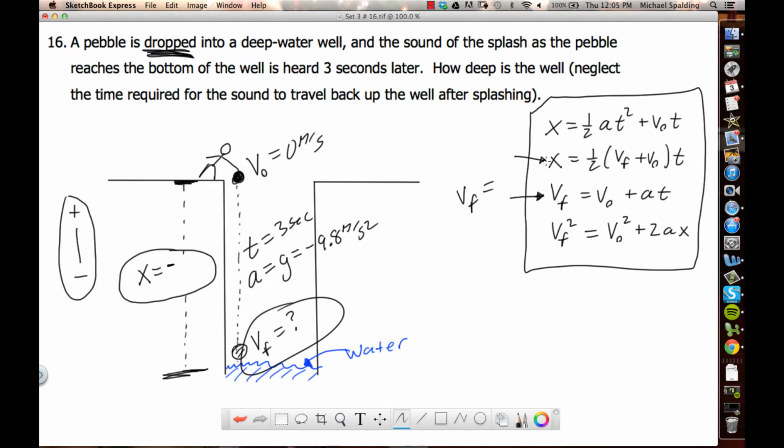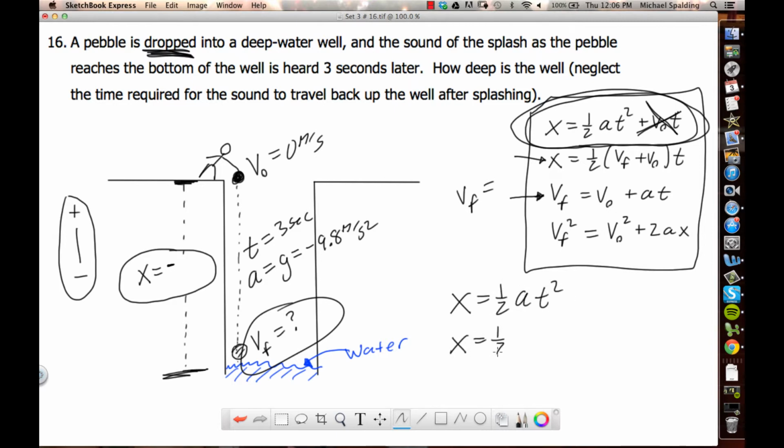But hey, could we avoid that and just do it in one step? Yes. If you look at the first equation right here, what's v initial for the stone? 0. So this part goes away. V initial goes away. So we're left with x equals 1/2 a t squared.